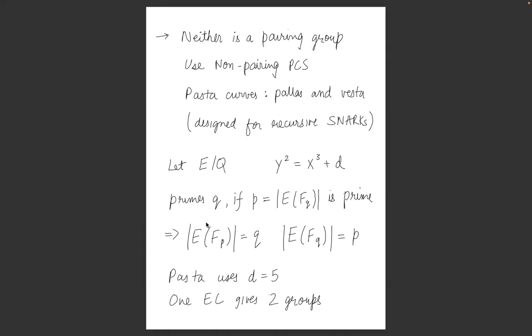So this is just a result: the same elliptic curve defined over different fields will have different group orders, and we can use these two groups in the cycle of groups that we discussed.